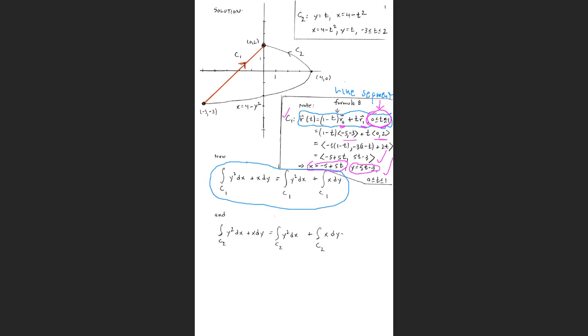Now, I guess while I'm at it, the second curve, what about the second curve? Well, the second curve, let me just see here. No, I'll go back to that.